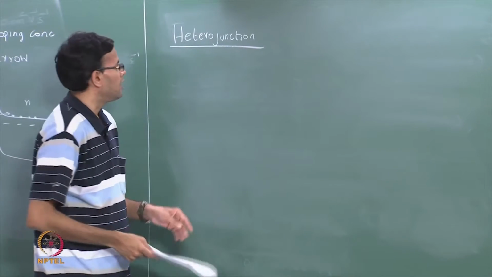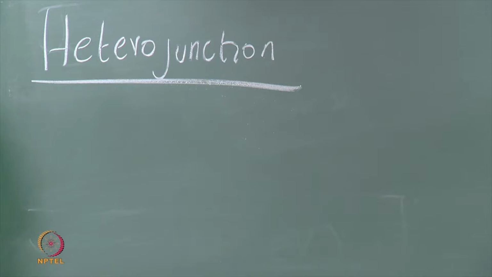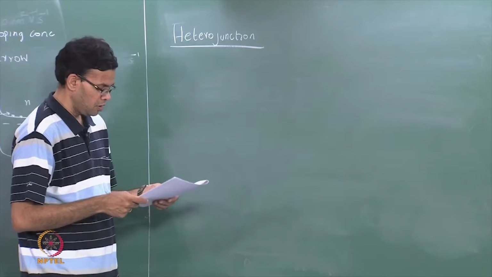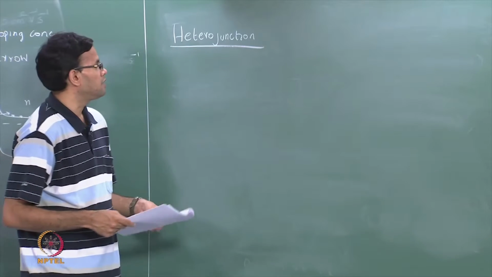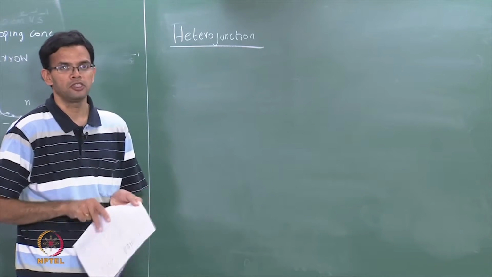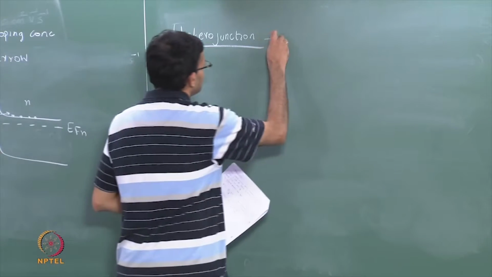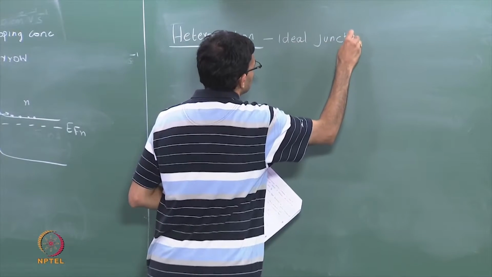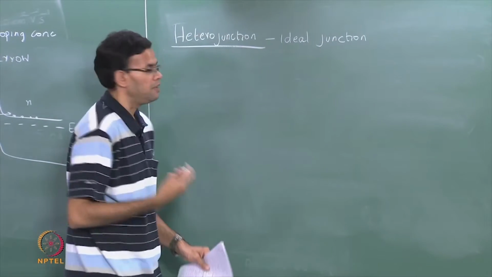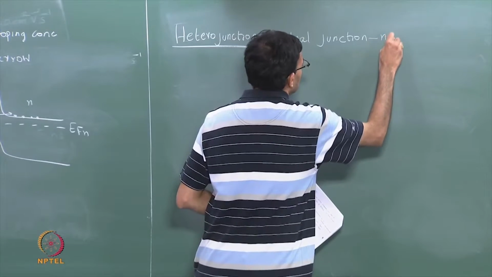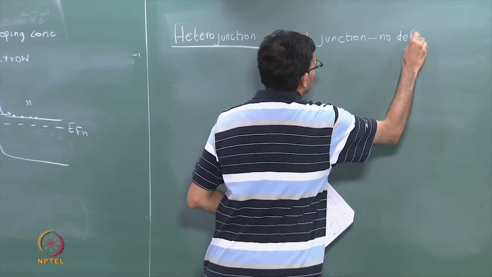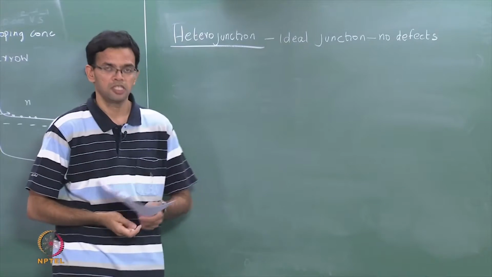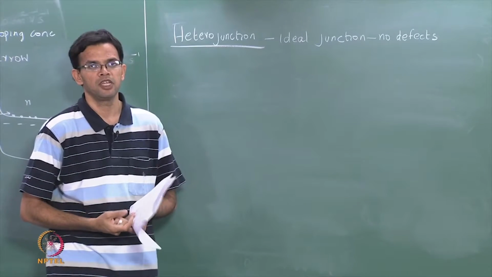So, now you have a heterojunction, so that you have a junction formed between P and N type of different materials. Once again, when we have such a heterojunction, we are going to assume that you have an ideal junction with no defects. So, this imposes a restriction on the types of materials that we can choose.